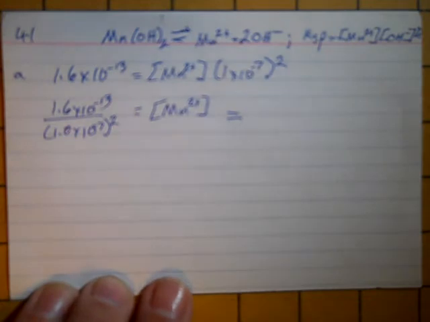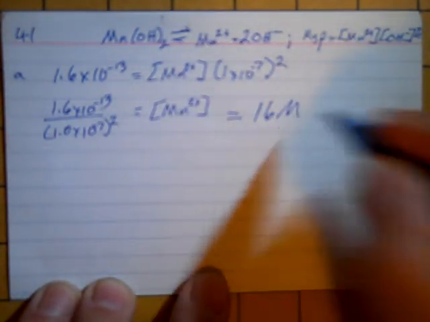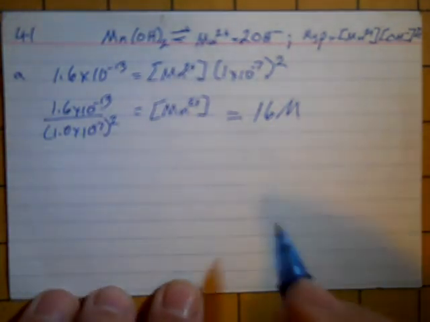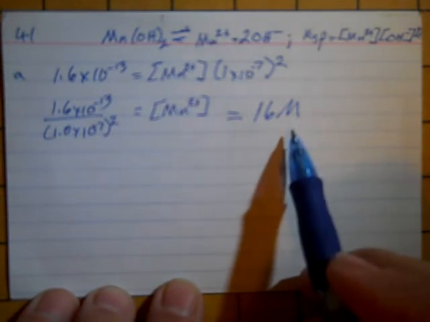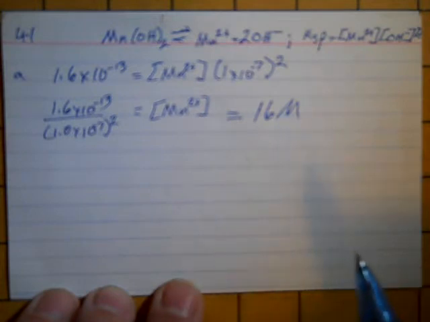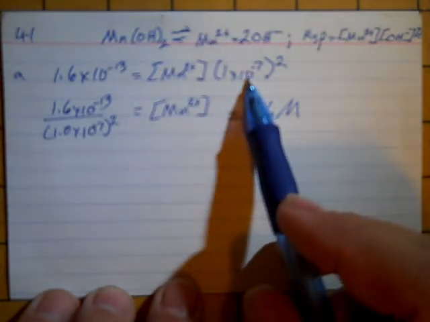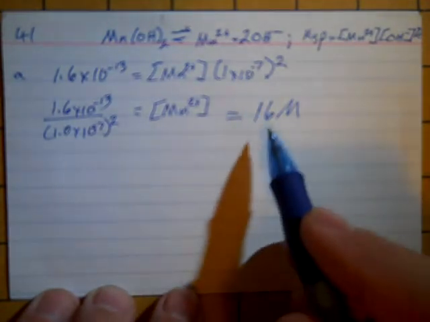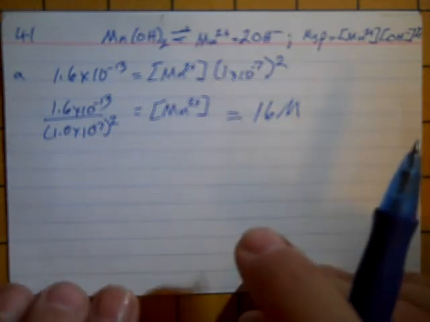And that equals 16. This is such a big concentration because normally the concentration in pure water has less hydroxide than this. So this here has the effect of letting more of it dissolve than it would in pure water.